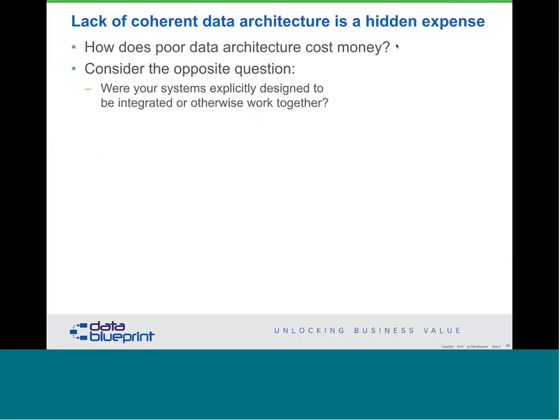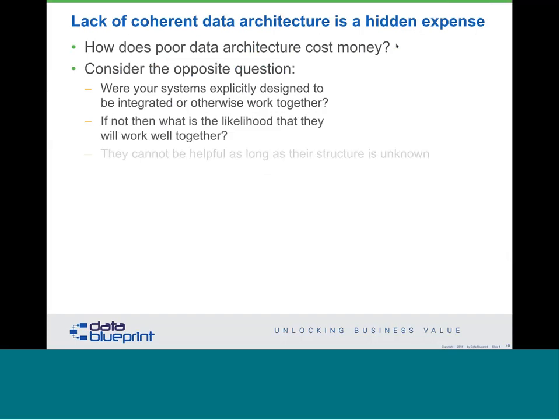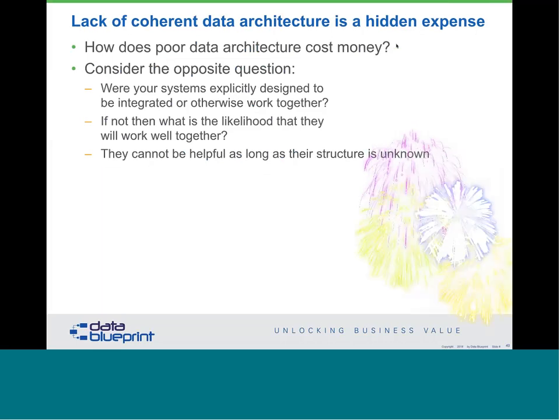When we look at the question, how does a poor data architecture cost money, consider the opposite question. Were all of your systems explicitly designed to be integrated or work well together? The answer to that may be yes or no, but if not, what's the likelihood that they just will happen to work together? Data is the most granular concept that we have in systems, and if we don't design the systems to explicitly accept the granularity of the data that we have and the types of data that we have, they cannot be useful.